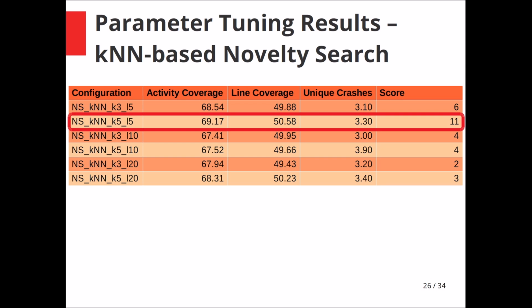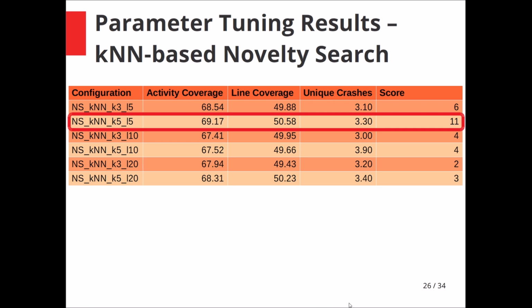We took pairwise two distinct configurations and checked whether there is a statistical significance at a p-value of 0.05, and only if there is such a significance, we use the Vargha-Delaney effect size to increase the tournament ranking score for the better configuration.